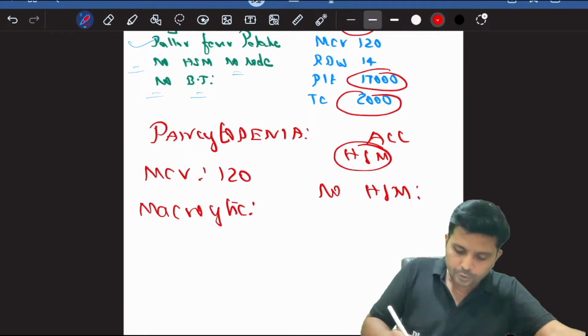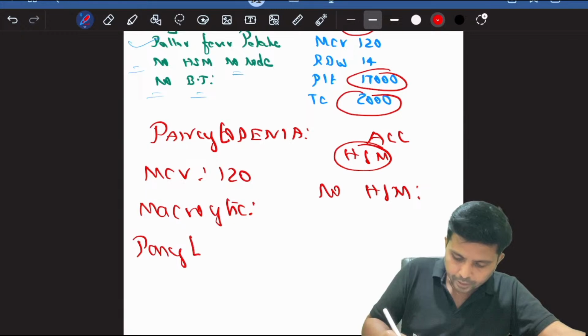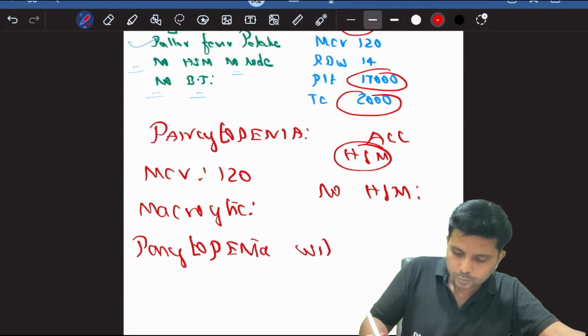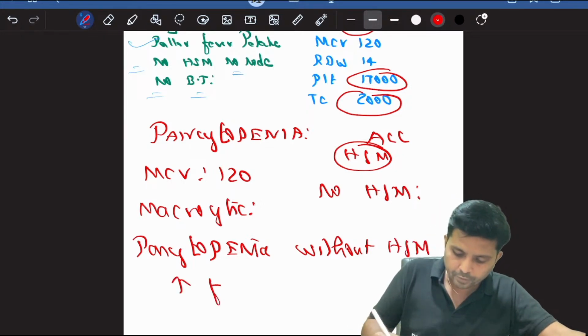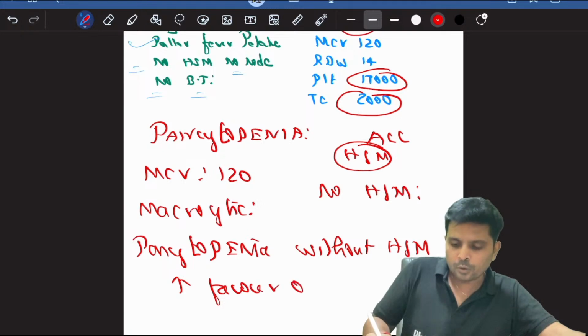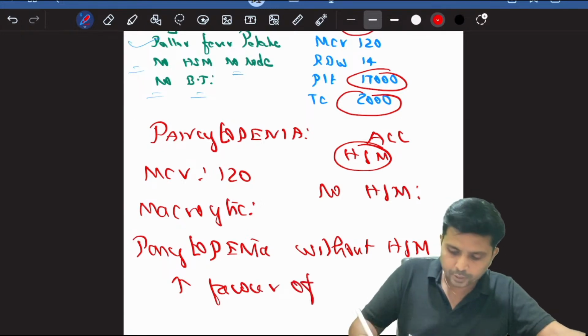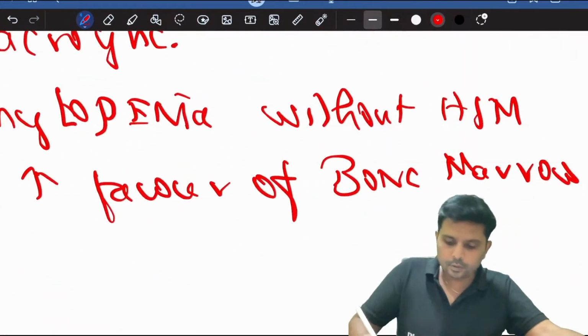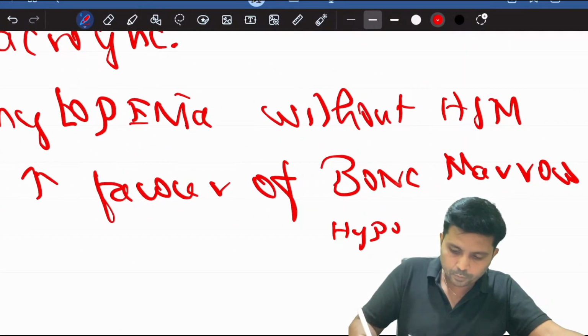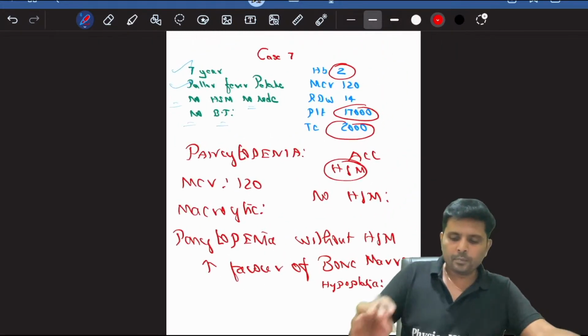Remember, pancytopenia without hepatosplenomegaly is more in favor of bone marrow hypoplasia.